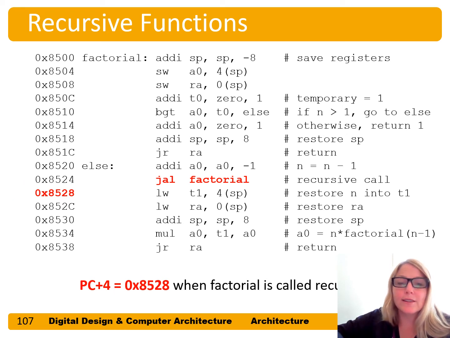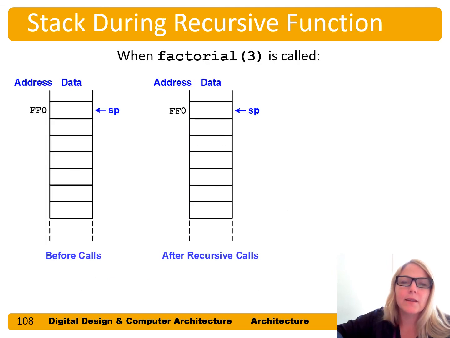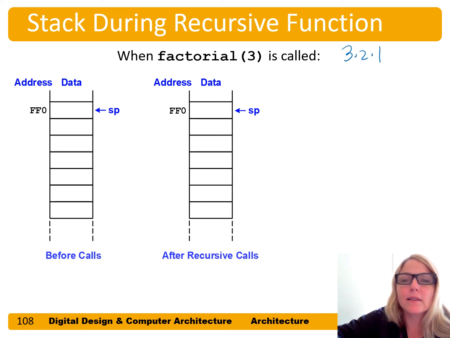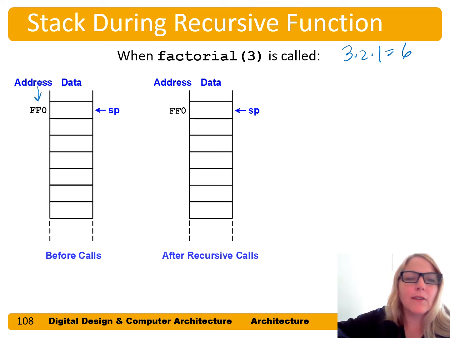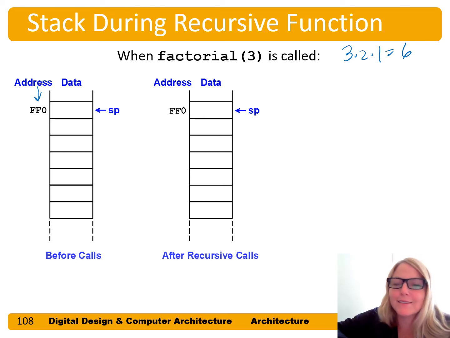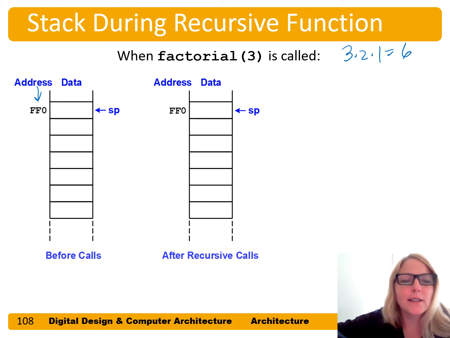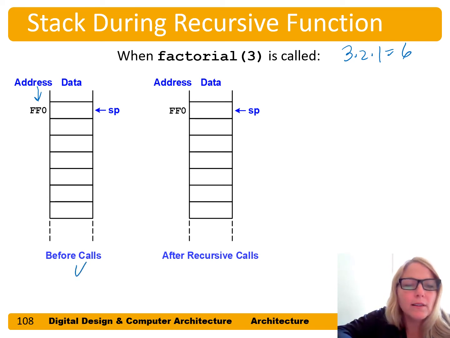So let's take a look at the stack and see what happens to the stack as this function operates. Let's suppose we're calling factorial of 3. We're expecting to get 3 times 2 times 1, so the eventual return value we expect is 6. The stack pointer has some value, ff0, just putting some value there, and this is before the call.